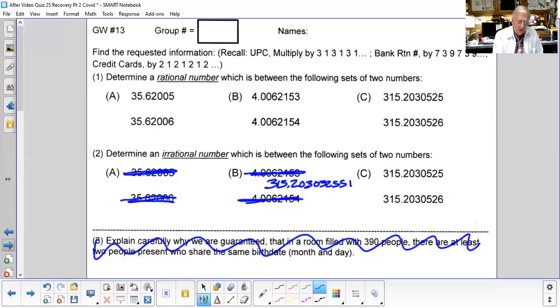So let's do 1, 2, 1, 2, 2, 1 followed by 3 2s, 1 followed by 4 2s, 1 followed by 5 2s, and 3 dots, ... That is definitely an irrational number showing a growing pattern, and it is between the 2 given numbers. I didn't leave you much room to do those, did I? So I figured I'd better do that.